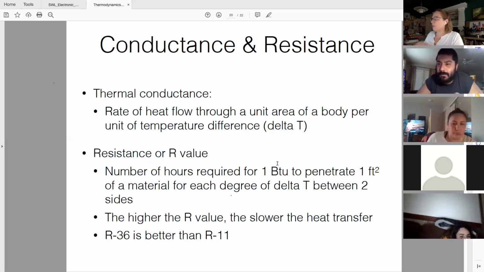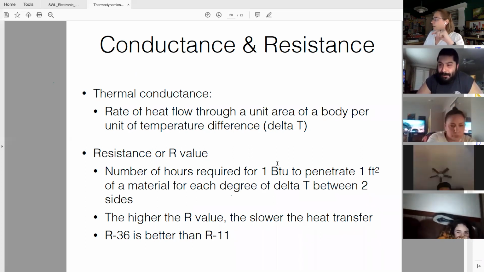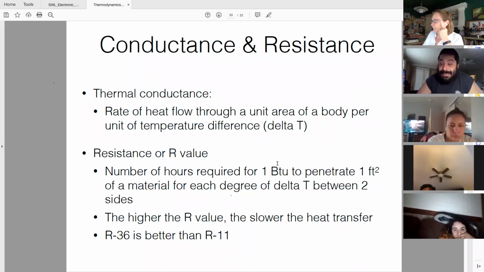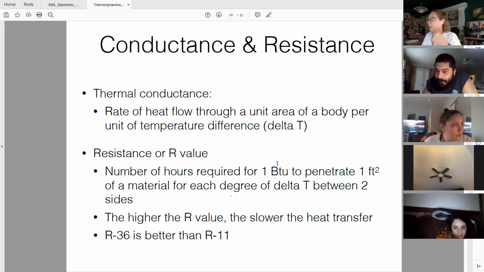The two things that are important to know are thermal conductance, which is the rate of heat flow through a material per unit of temperature delta. So it's how heat is transferring through conduction. Remember, conduction, convection, radiation. So the heat flow through conduction through an area, which remember is based on square footage, and then the delta T, or the temperature difference.